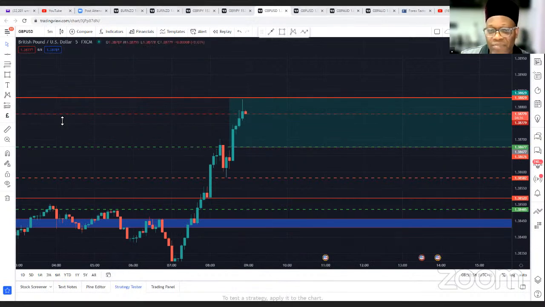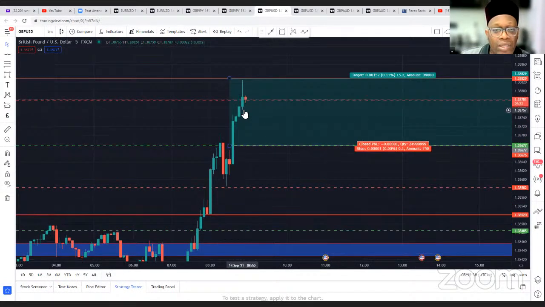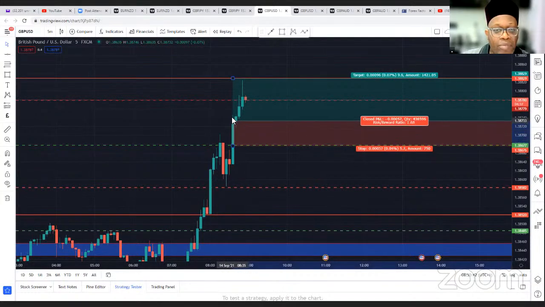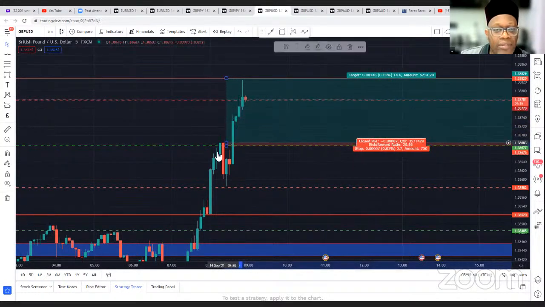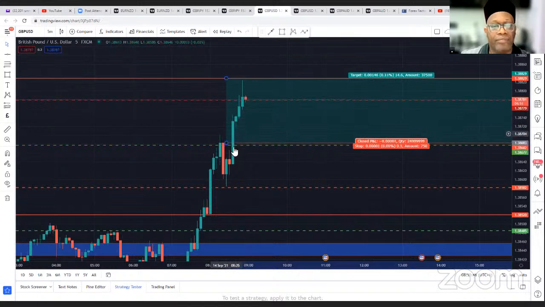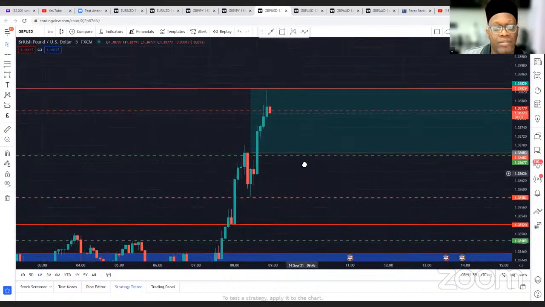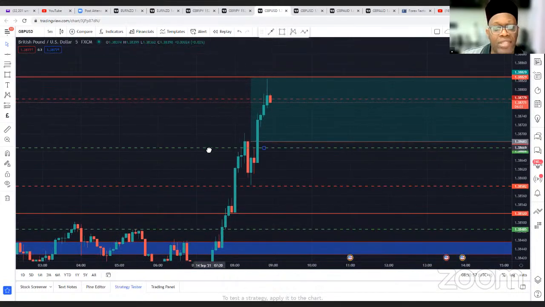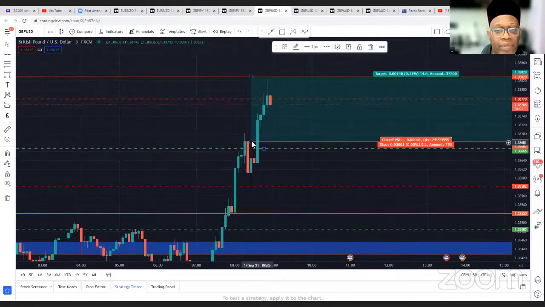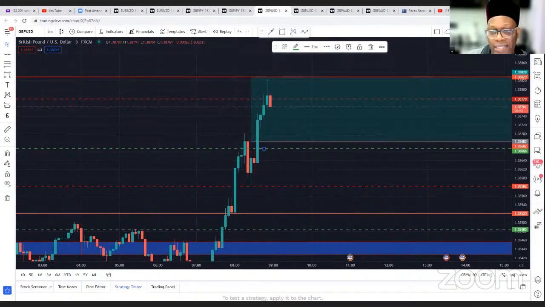I'll move the stop loss below the previous candle on the 5. What you don't want is to give more to the market.